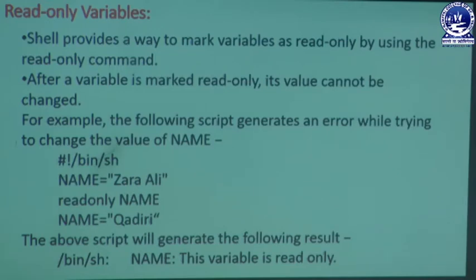If a user wants to put readonly as a constraint on a variable, that means the variable value cannot be changed throughout a program. For example, the following script generates an error while trying to change the value of name. If a user wants to change the value of that name, because that name is read only, then it creates an error at the time of execution.